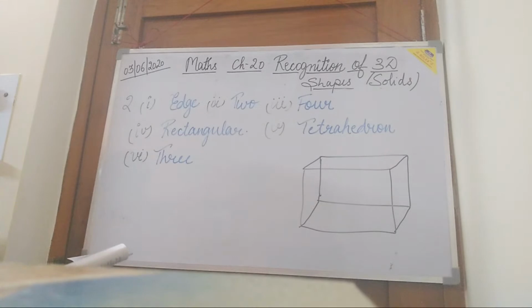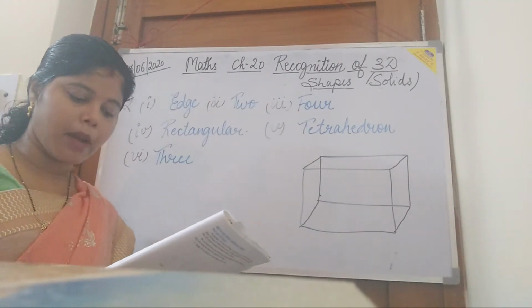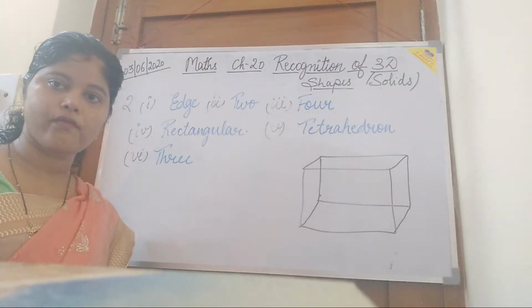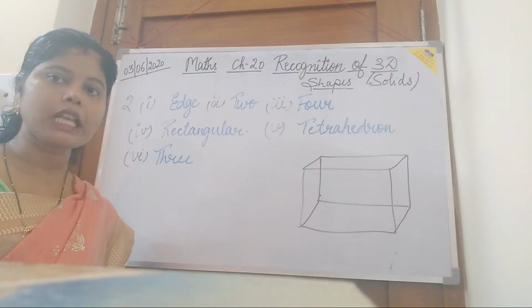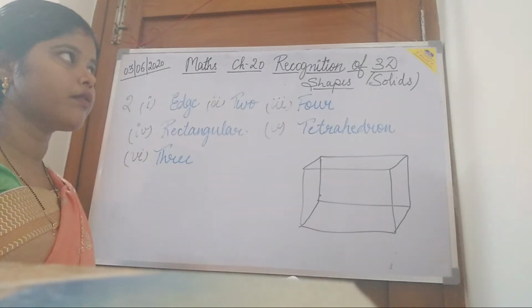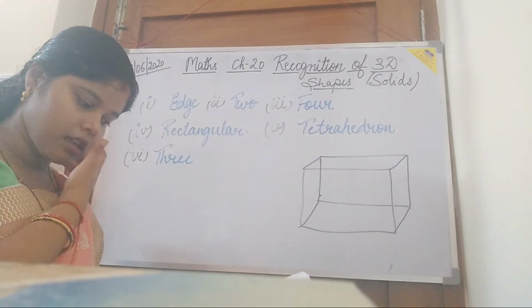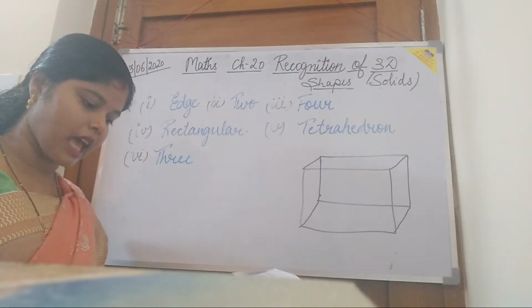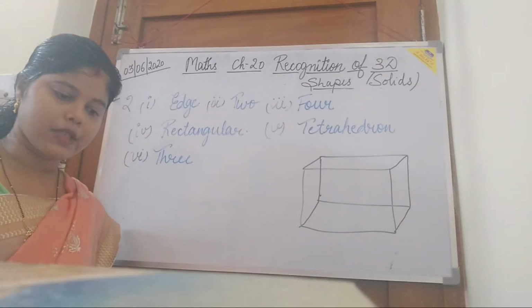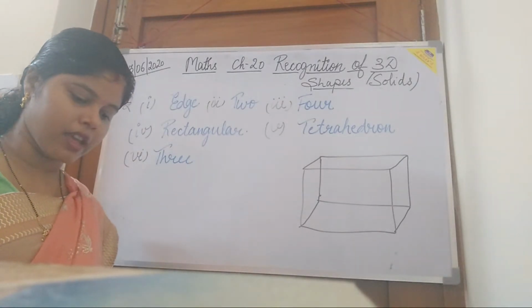As you all know, a cuboid has 8 vertices, a triangular pyramid has 4 vertices, 1, 2, 3, 4, a triangular prism has 6 vertices, and a square pyramid has 5 vertices.